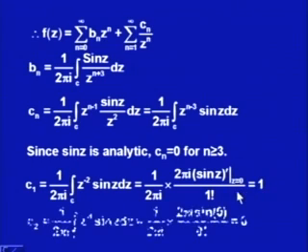So, this is C1. Similarly, C2 is the integral of z raised to minus 1 sin z dz, and according to the formula we have 1 upon 2 pi i into 2 pi i into the sine function evaluated at z equal to 0 divided by factorial 0, and sin 0 being 0, this comes out to be 0. So, C1 is 1 and C2 is 0.